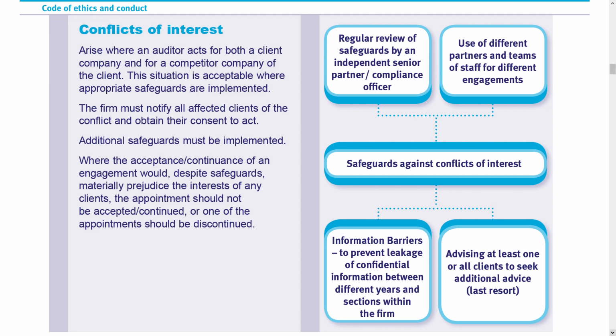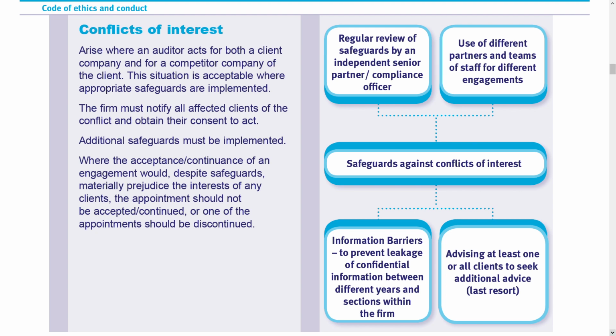Going below, information barriers to prevent leakage of confidential information. You are not going to give information of one another. You are not giving the client's information to the competitor and the competitor's information to the client.